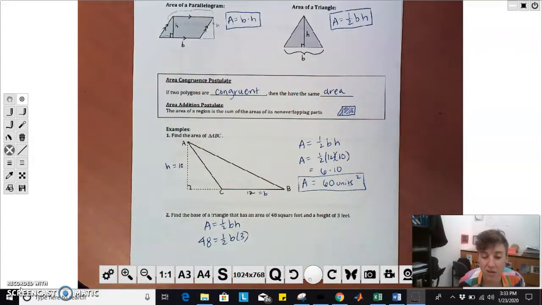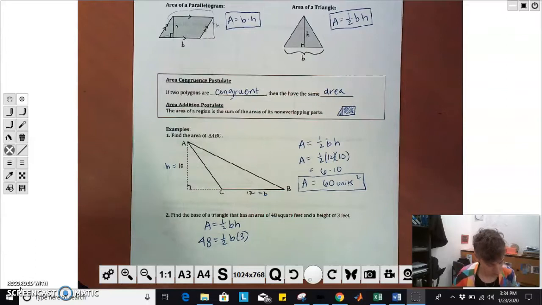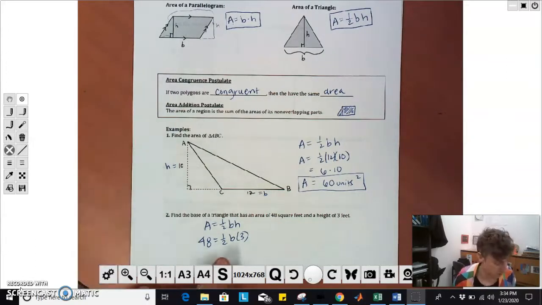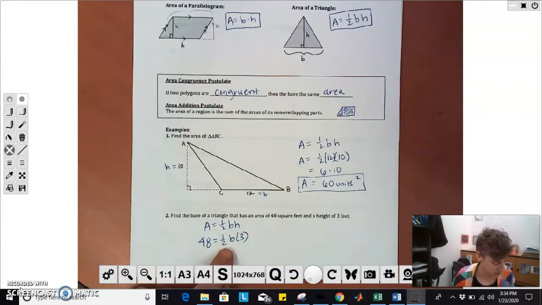So now let's solve this and get b by itself. I don't want to do fractiony stuff, and I'm not trying to pull my calculator out right now, so let's see what we can do. Trying to get b by itself. I know b right now is being multiplied by 1/2 and 3.